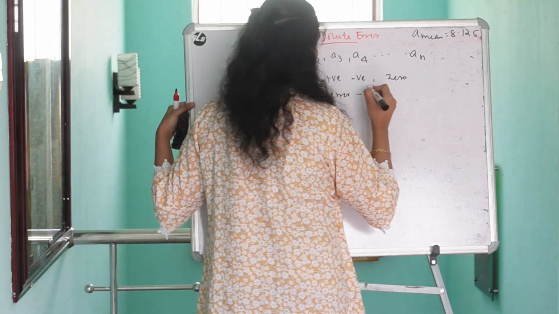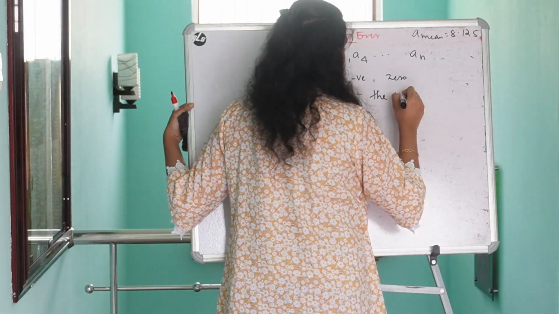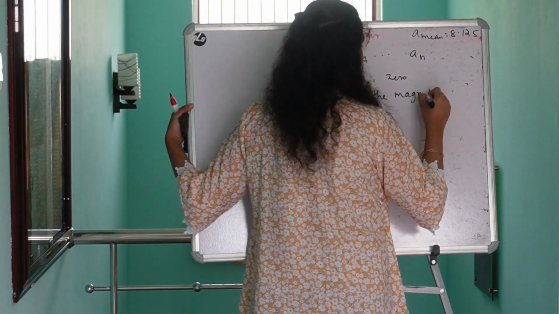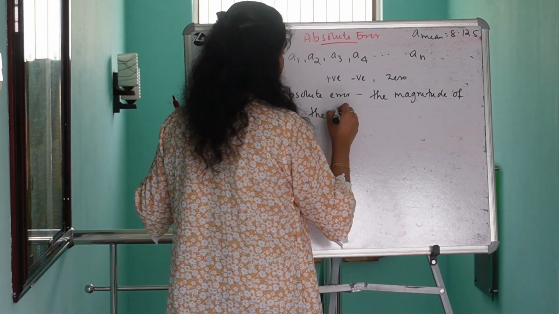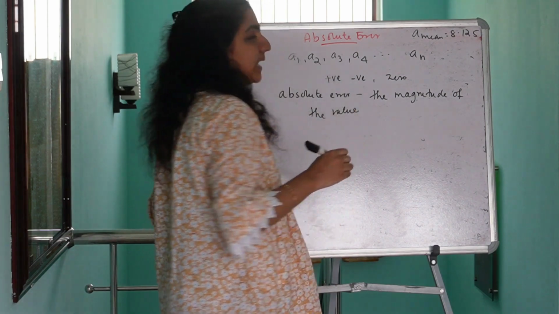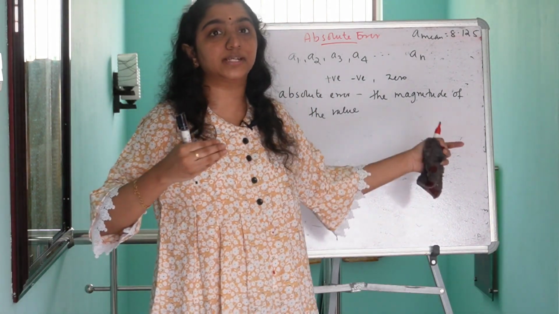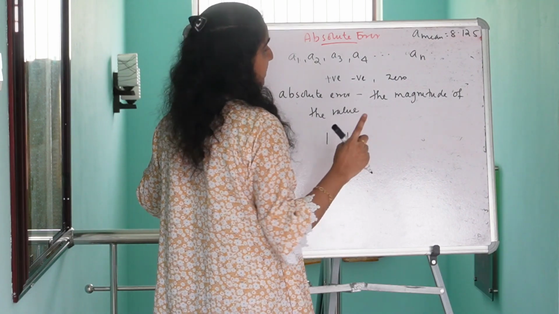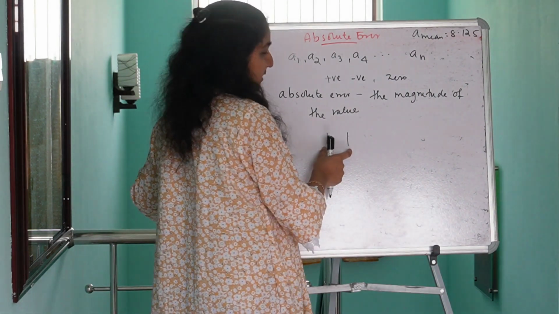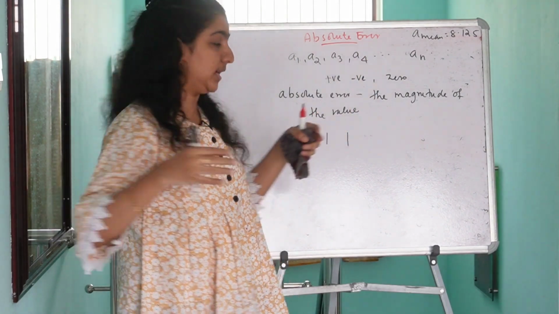Absolute error is the magnitude of the error value. So what does it mean, magnitude of the error value? We generally represent magnitude using this symbol, two lines.